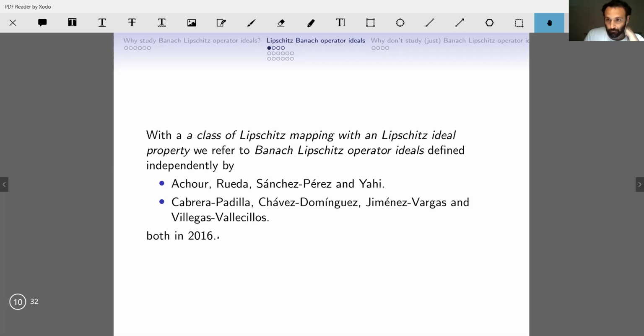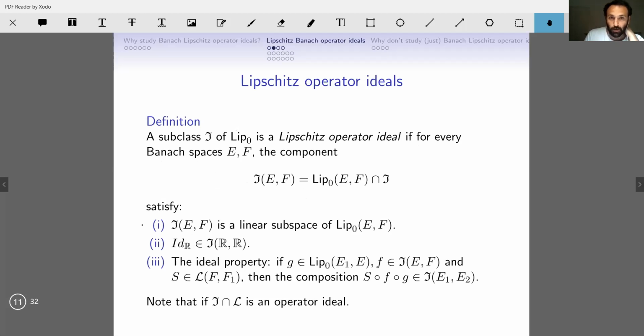So here we have the definition of Lipschitz operator ideals. A subclass I of Lip0 is a Lipschitz operator ideal if, when we consider those operators from E to F, the class is always a linear subspace of Lip0.